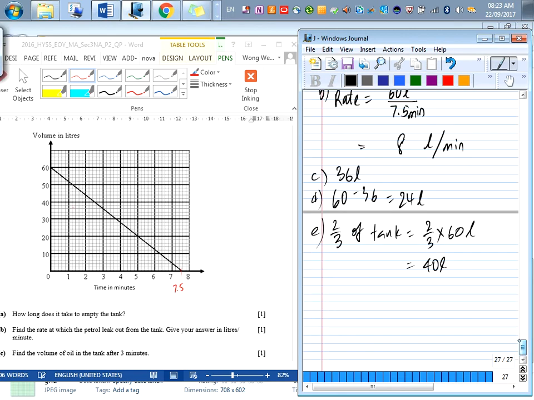So it's just simple proportion lah. And you'll get 5 minutes. Okay? 8 liters per minute, 40 liters will take time taken equals to 1/8 times 40 equals to 5 minutes. Simple proportion. Okay?